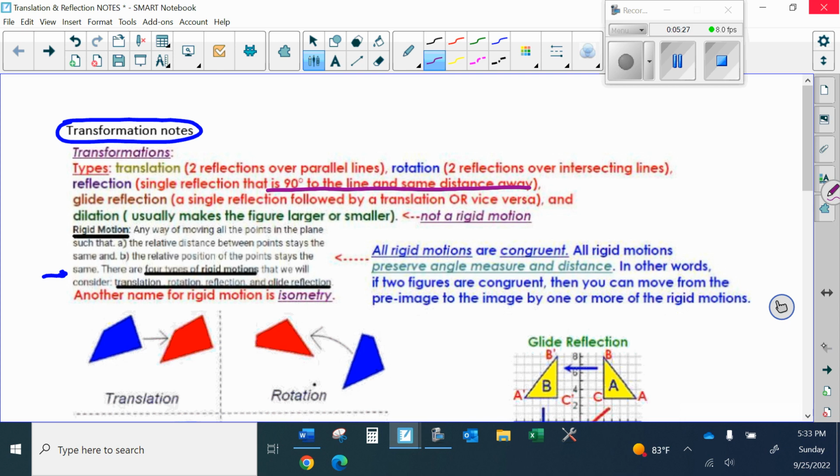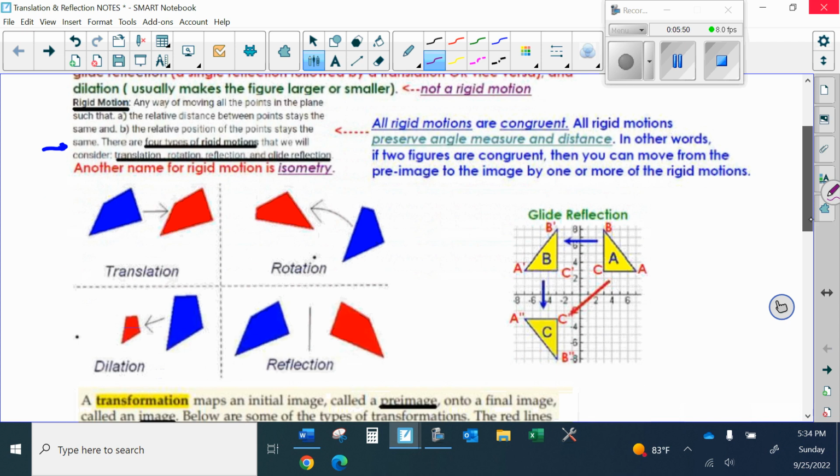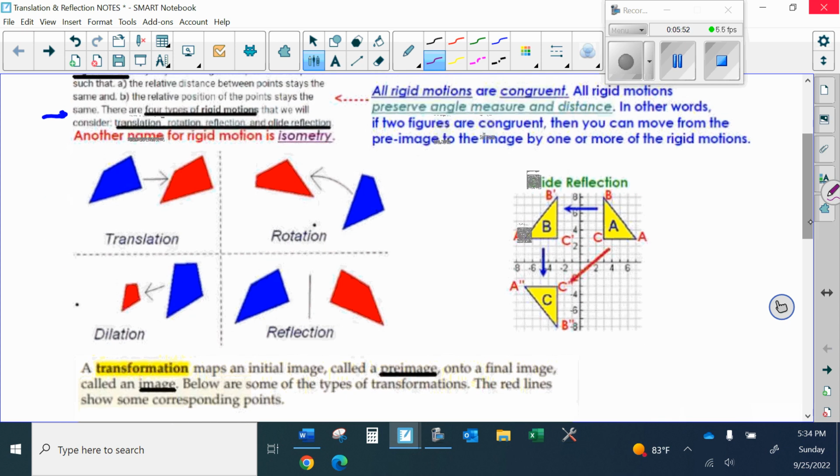And a dilation usually makes the figure bigger or smaller. We call that enlargement or reduction. And remember, since it's not the same size as the original, preimage and image are different. It's not a rigid motion. A rigid motion, as we see right here, is any way of moving all the points in the plane by one of our four isometries or rigid motions, either by translation, rotation, reflection, or a glide reflection, not a dilation.